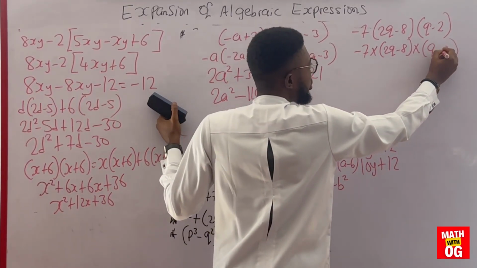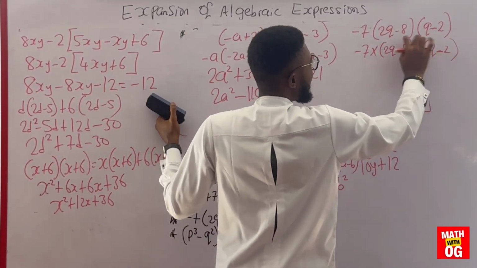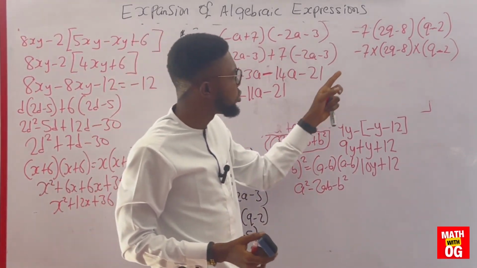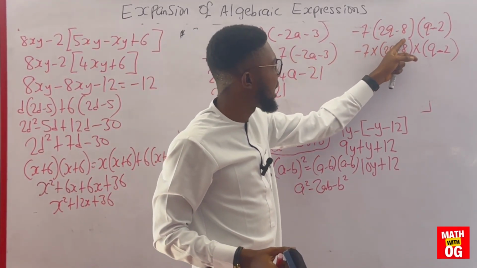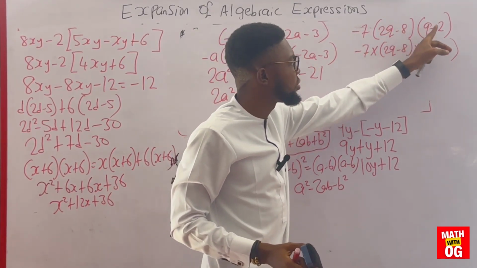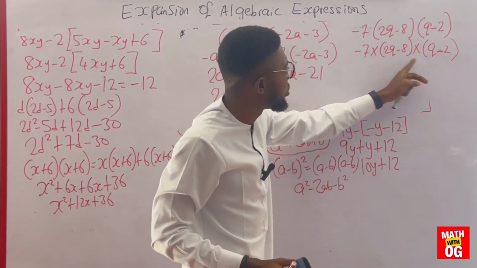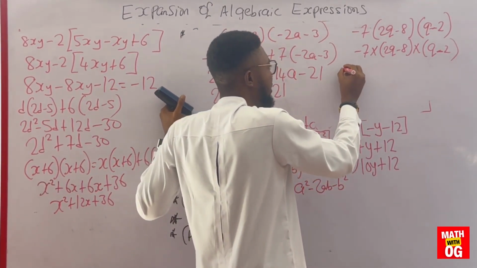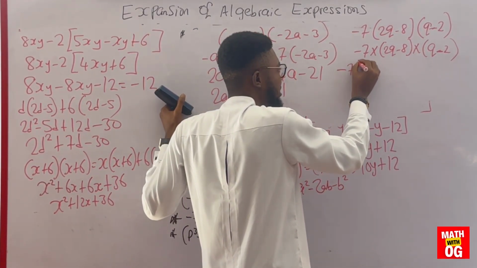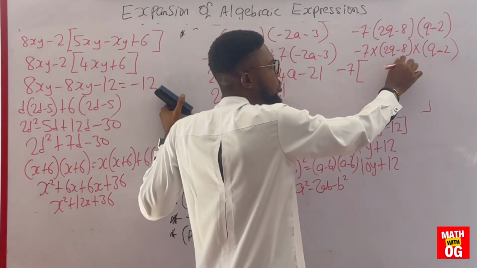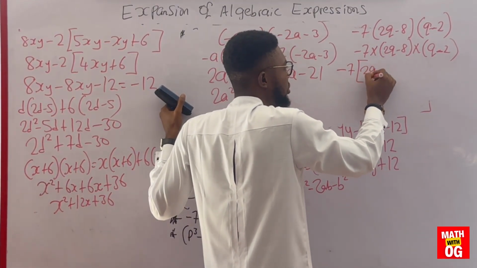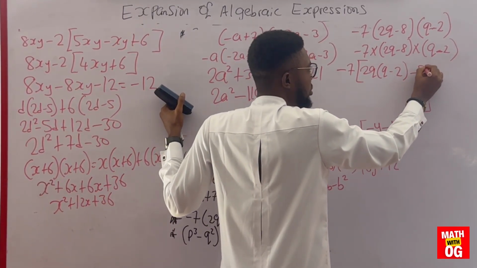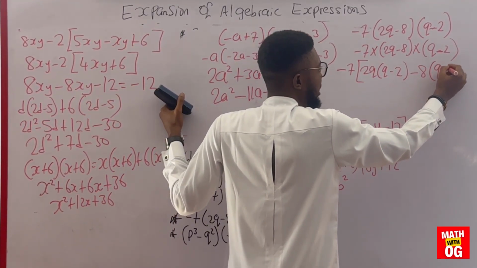You can choose to expand these two guys first before multiplying by minus 7, or you can also choose to use minus 7 to expand this guy before using your answer to expand this guy. So let's work with these two brackets first, then we'll multiply by negative 7. So we'll leave our negative 7 outside the bracket. Now working with these two guys, 2q will open the bracket, that's 2q into q minus 2. Then negative 8 will also open the bracket into q minus 2.